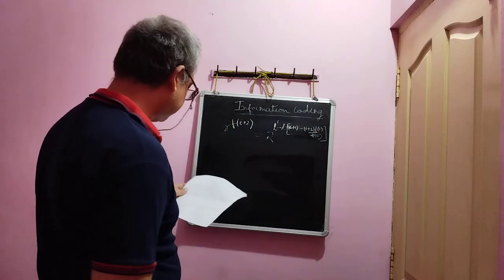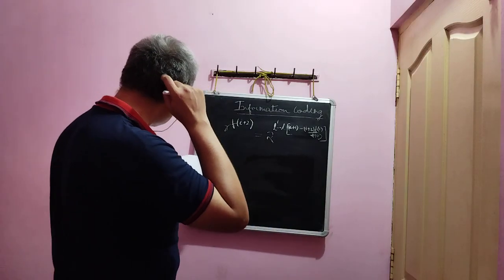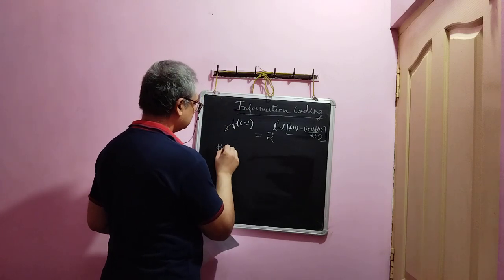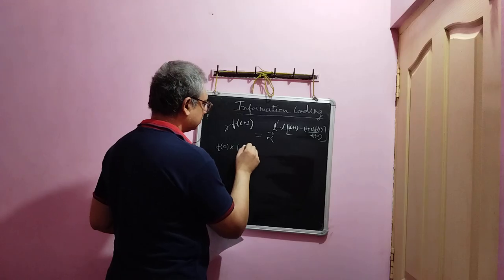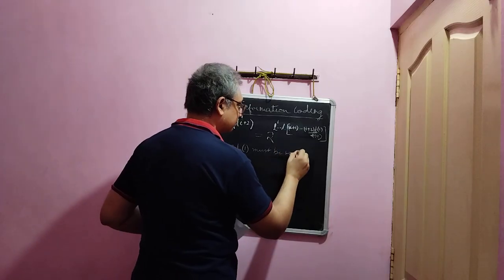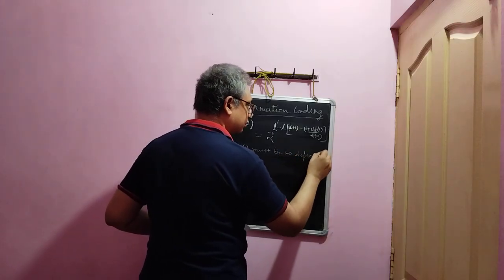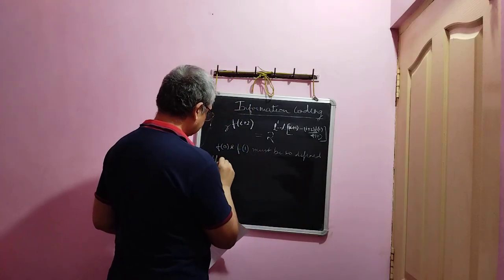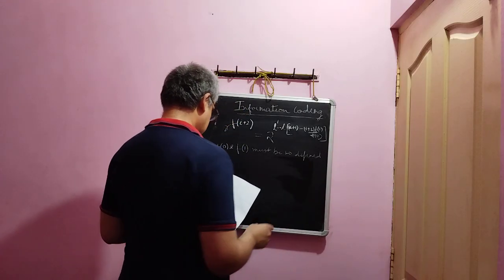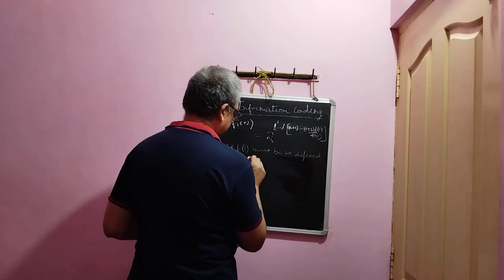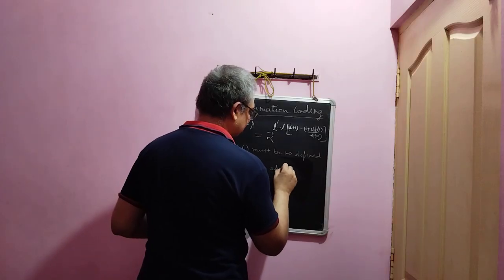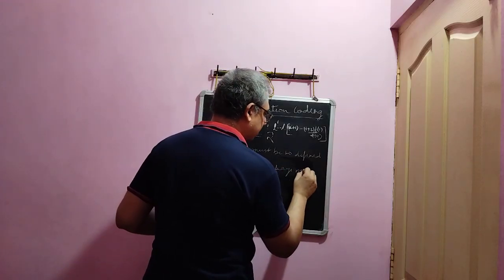Okay, this is what r power f of I plus 2 turns out to be. So f of 0 and f of 1 must be so defined that r power f of I plus 2 is always monotonic increasing.